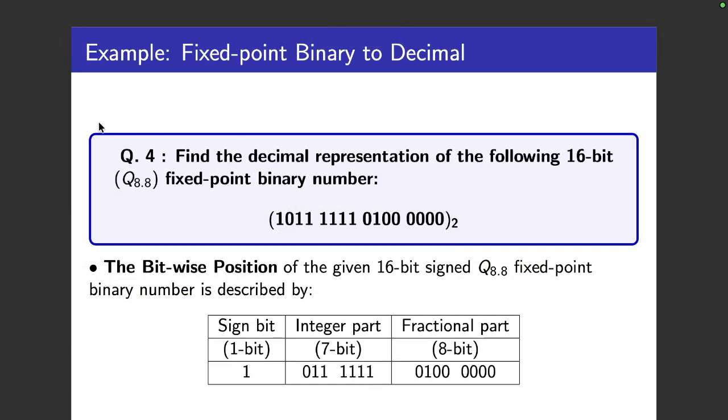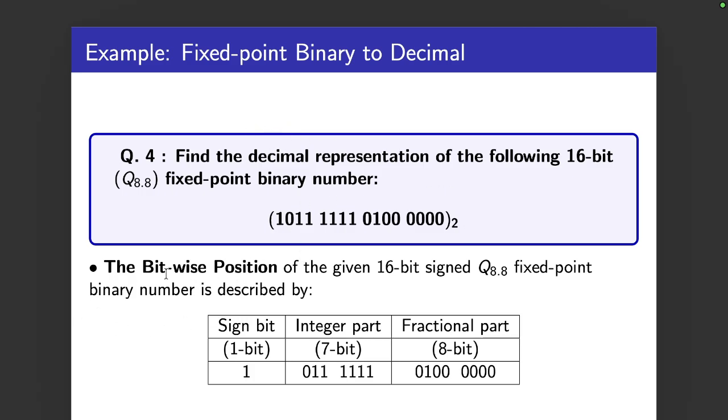Next example: find the decimal representation of the following 16-bit Q8.8 fixed point binary number. This is the Q8.8 fixed point binary representation, and we want to find the corresponding decimal number.